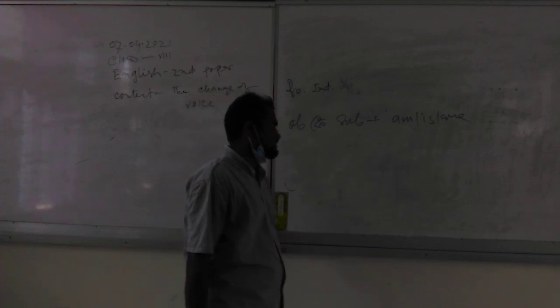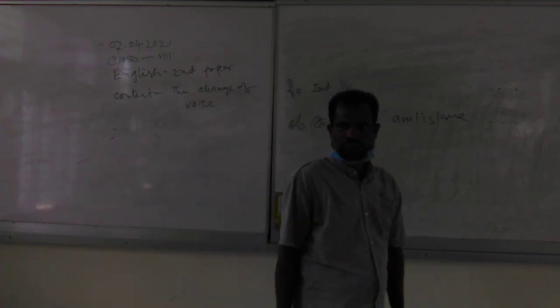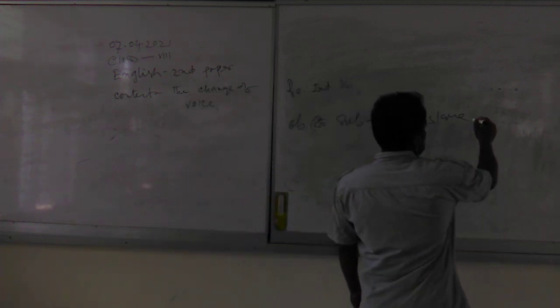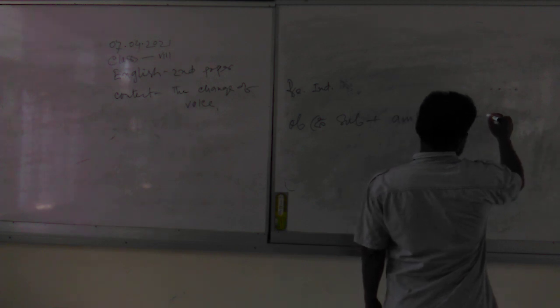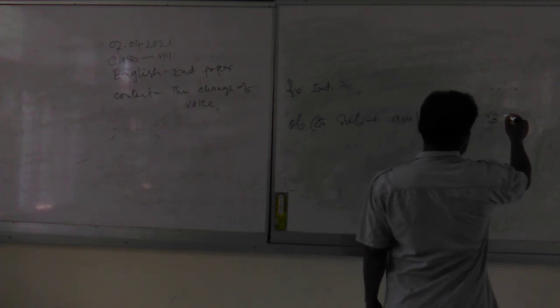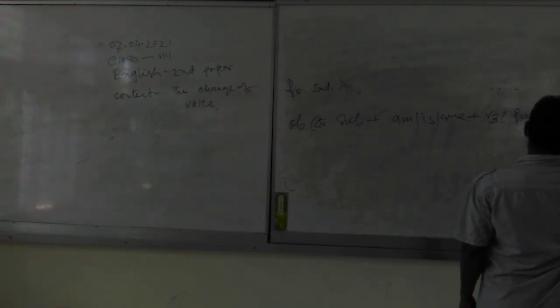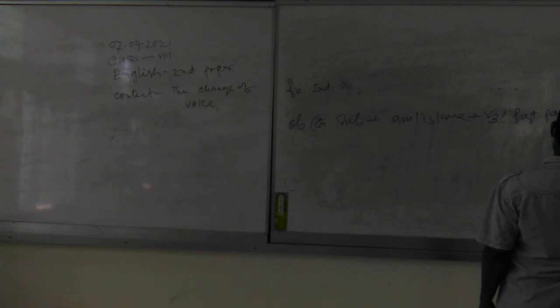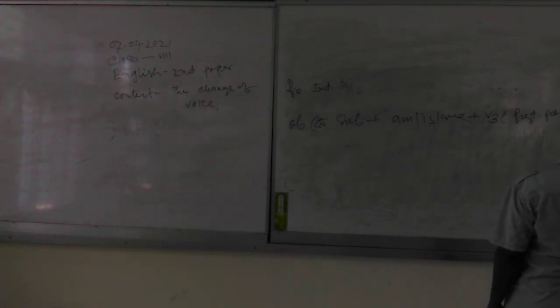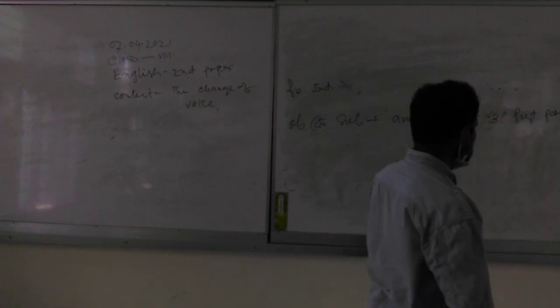Then you have to write am is are, plus V3, that is, past participle form of verb.